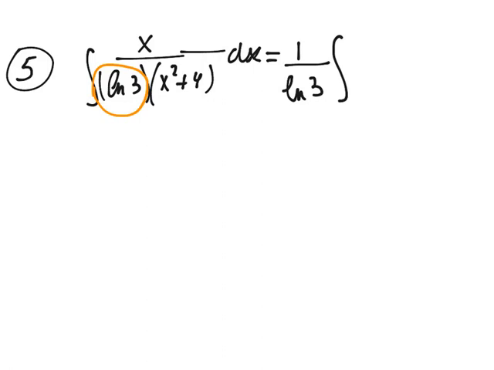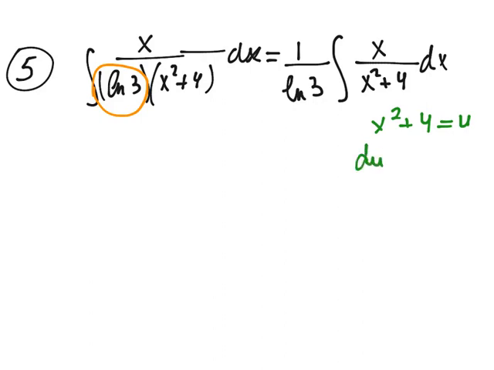It's outside. Now I'm just going to stare at this new expression, x over x squared plus 4, trying to determine what I want to replace with u. And obviously, the more complicated expression would be x squared plus 4. And exactly that's what I want to use in my u substitution process.